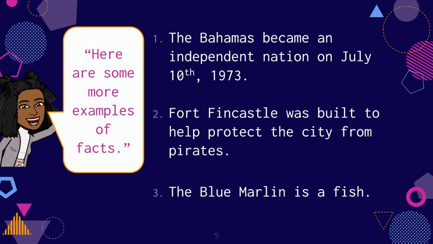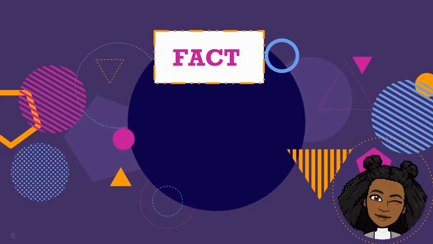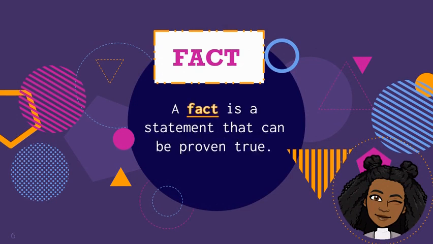Awesome, boys and girls. You're doing an amazing job so far. Remember now that a fact is a statement that can be proven true. Repeat it again. A fact is a statement that can be proven true.